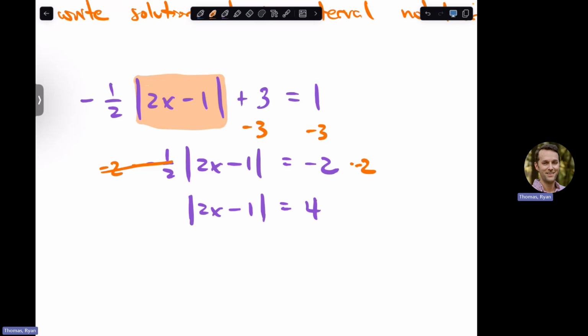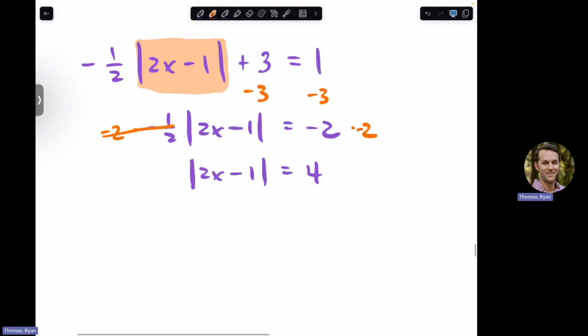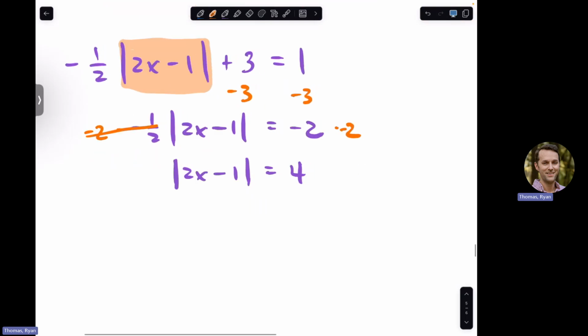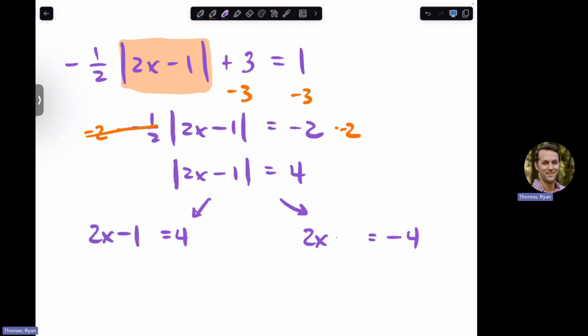So if the absolute value, the distance from 0 of something that we want to know more about, is 4, what does that tell us? That it's either 4 or -4. That what's either 4 or -4? Whatever was inside the absolute value.